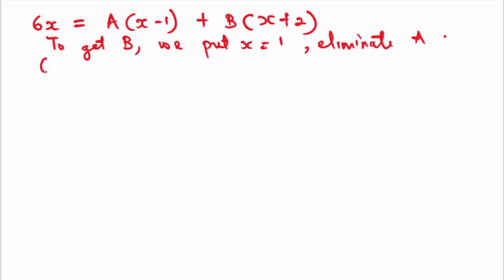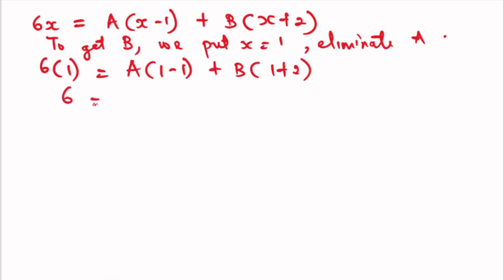So therefore, 6(1) equal to A(1 - 1) plus B(1 + 2). 6 times 1 will have 6 equal to A(1 - 1) gives us 0, plus B(1 + 2) gives us 3.